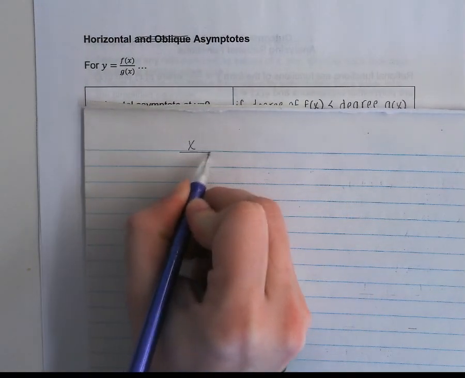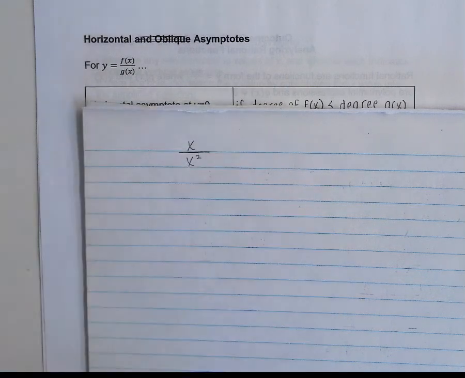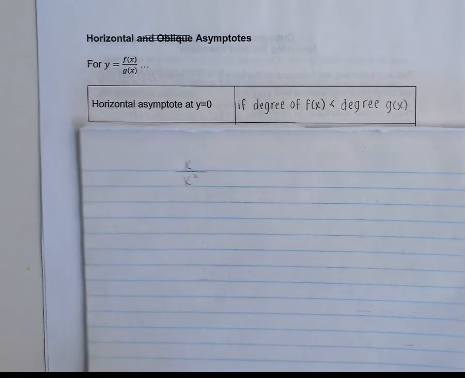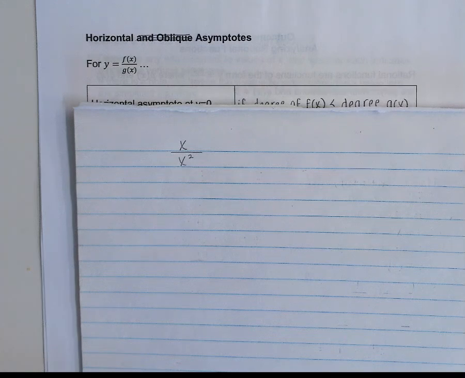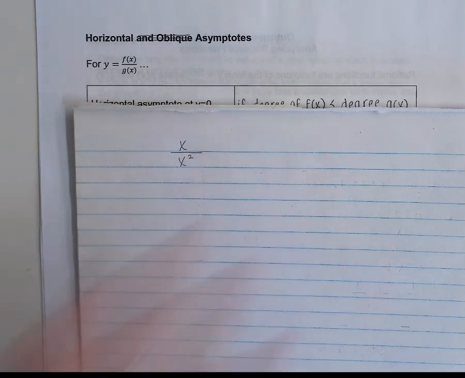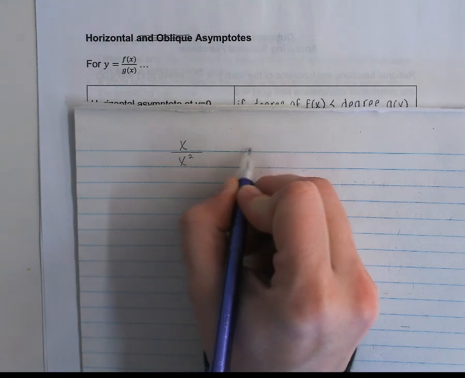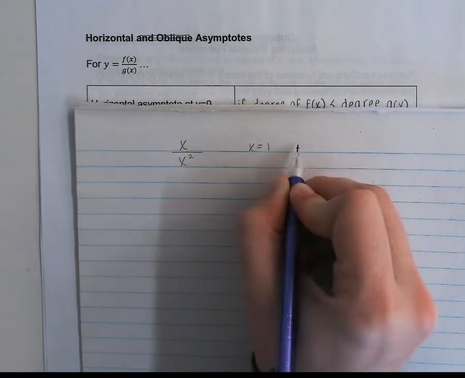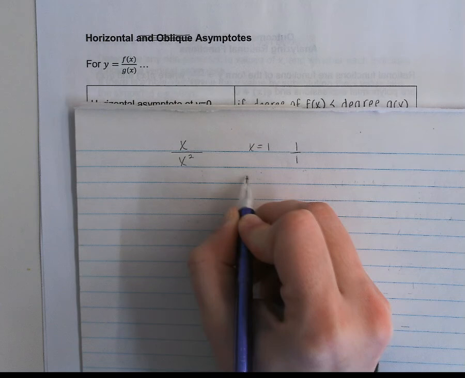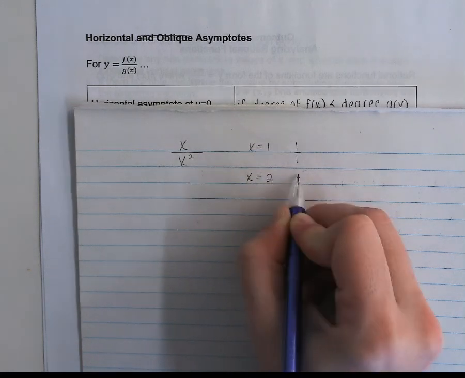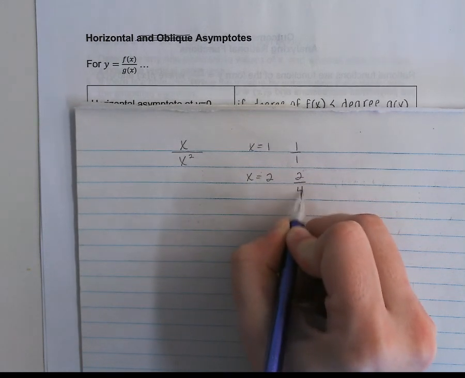x over x squared. As you put x values in here, I'm going to put in, for example, 1 and so on. So if x equals 1, this would be 1 over 1. If x equals 2, this would be 2 over 4.